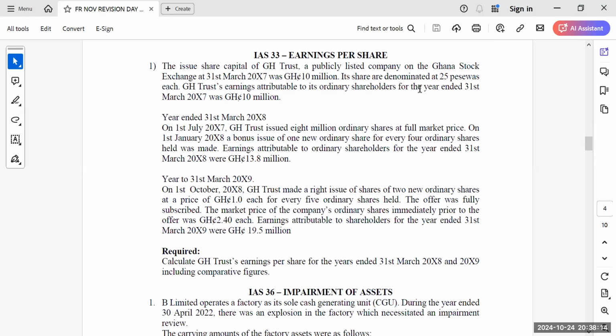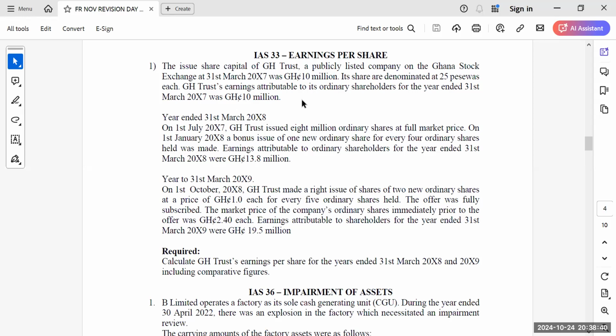Okay. IS 33 earnings per share. Question number 1. The issued share capital of GH Trust, a publicly listed company on the Ghana Stock Exchange at 31st March 2007, was 10 million Ghana cedis. Its shares are denominated at 25 pesos each. GH Trust earnings attributable to its ordinary shares for the year ended 31st March 2007 was 10 million Ghana cedis.